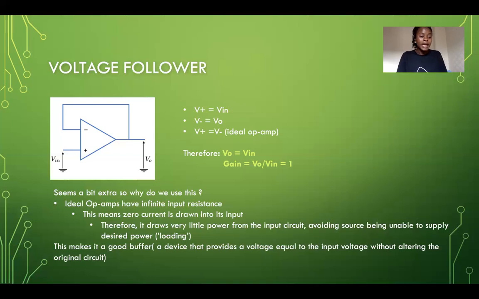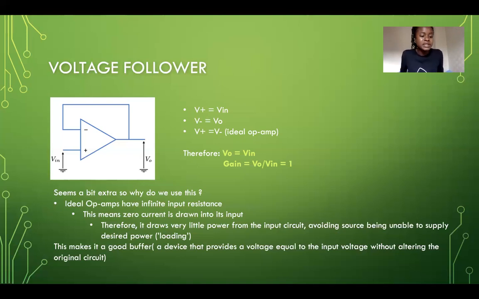I know I said at the beginning that in reality ideal op-amps do not exist. You always have some realness to it. But even with real op-amps, the resistance is really high, and it means that once again very little power is drawn from the input circuit, which is really good.